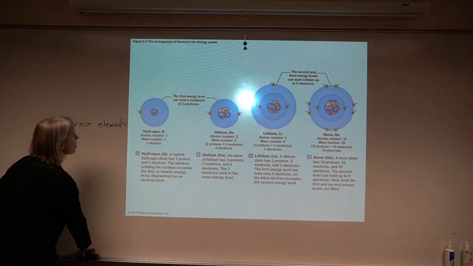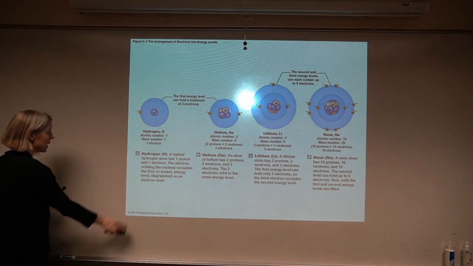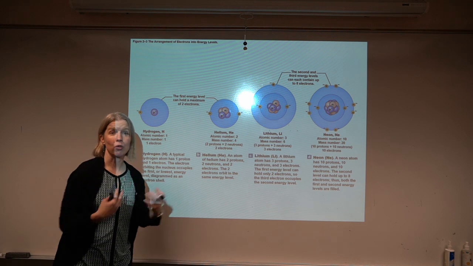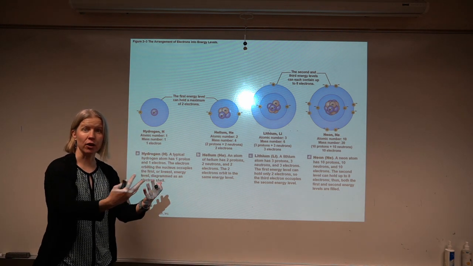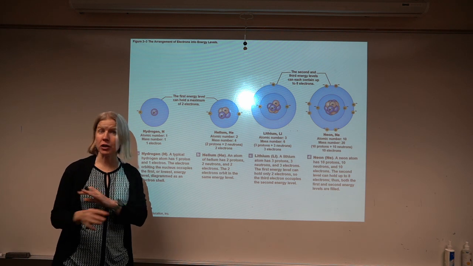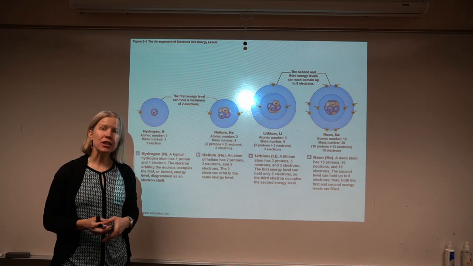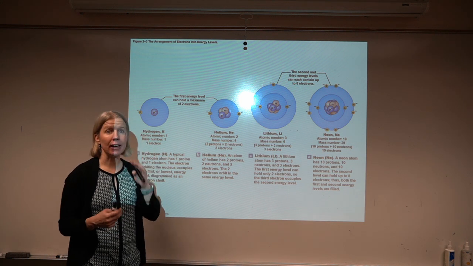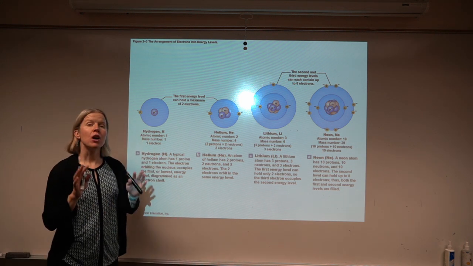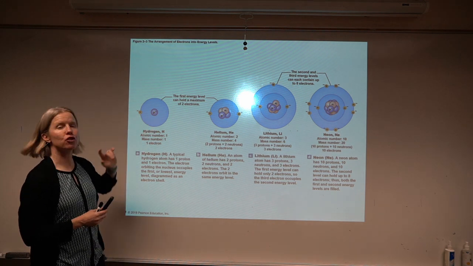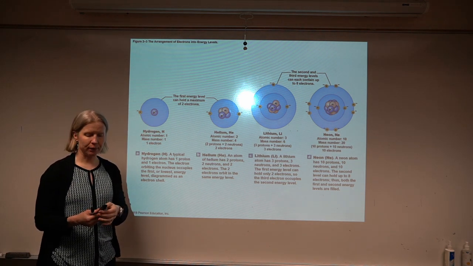Now, what determines whether atoms are reactive, excited to interact with other atoms, or inert, not interacting, has to do with their electrons, and specifically the electrons in the outermost shell.